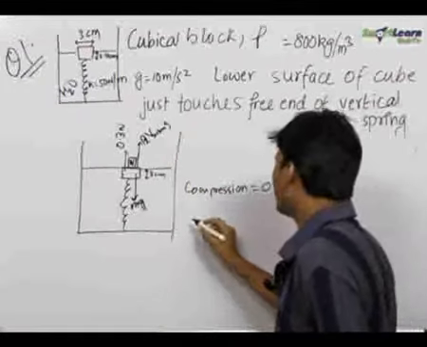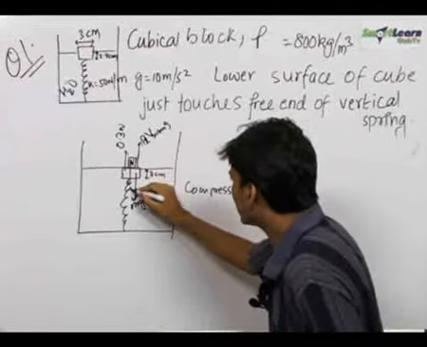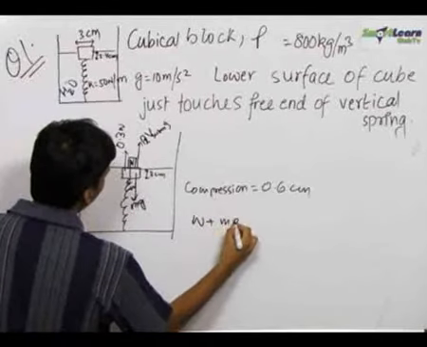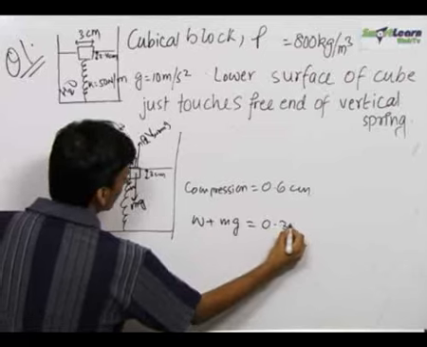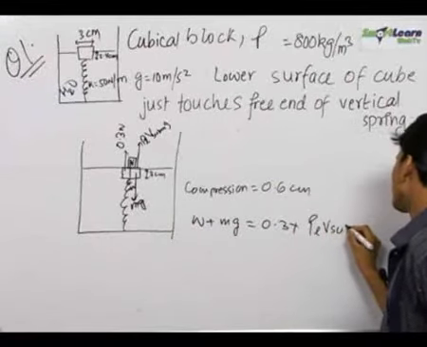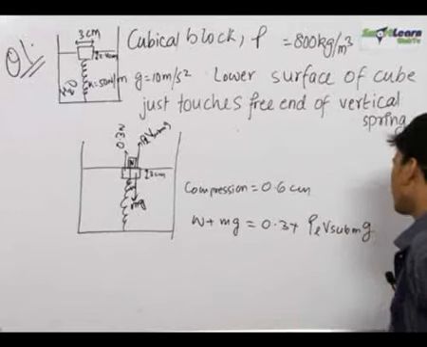Let us calculate the buoyant force first and the additional weight w. We can write this equation as W plus mg is equal to 0.3 plus rho liquid into V submerged into g.